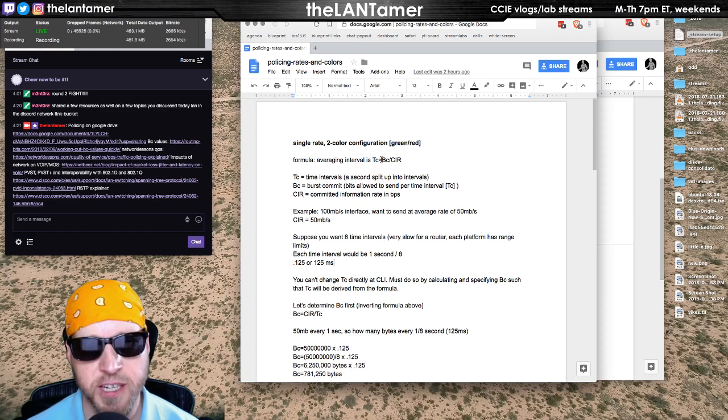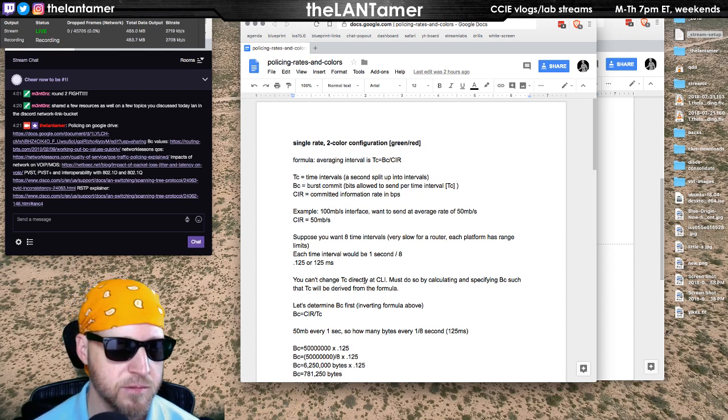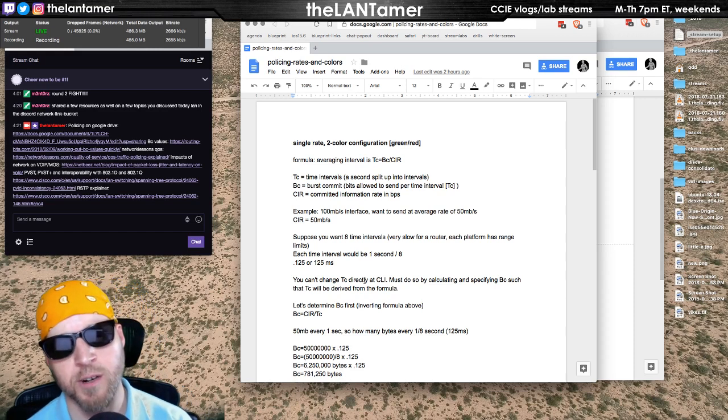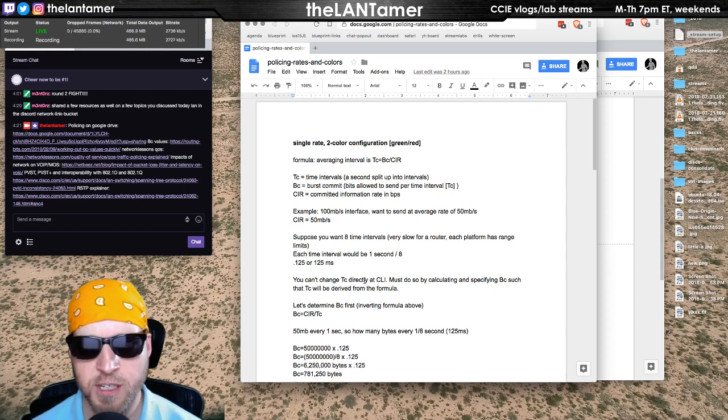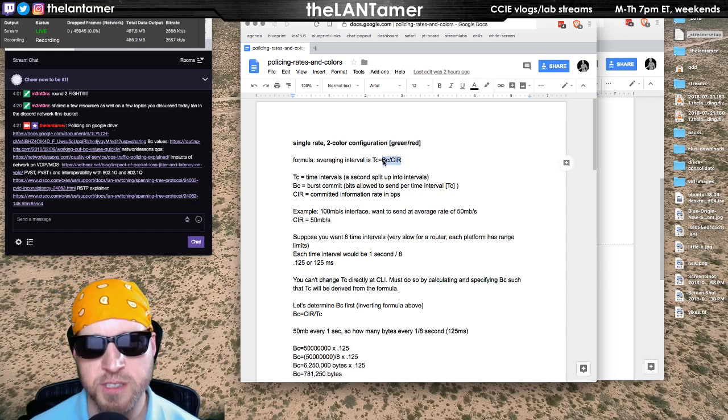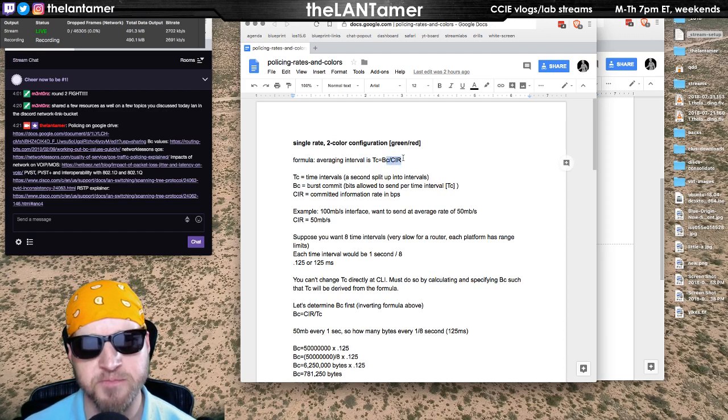All right, the problem is you can't, on a device, go to the CLI and say, this is my interval in milliseconds. You have to go about it in a roundabout way. So really, you have to sort of flip this formula around, and you can set the BC and CIR, the burst commit and the committed information rate.